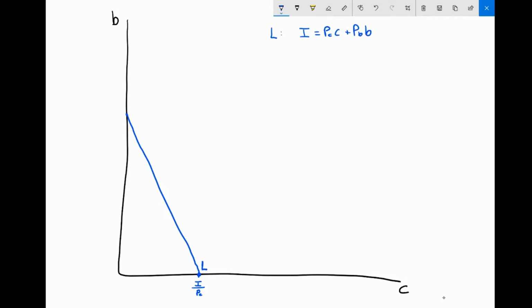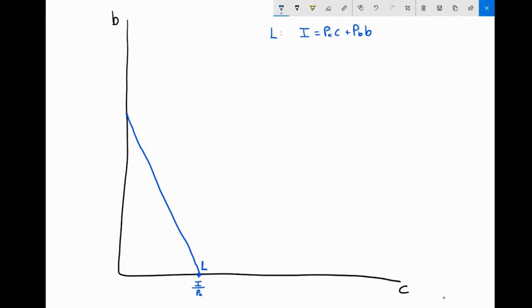If we wanted to know where this budget line intersects the x-axis, we would set B equal to 0. Then we have I equals price of coffee times coffee. This would be how much coffee they would consume if they spent all of their money on coffee, that is, they bought no bagels, and we just solve that for C. That would be the quantity of coffee consumed if they spent all of their money on coffee. So that's that intersection point there.